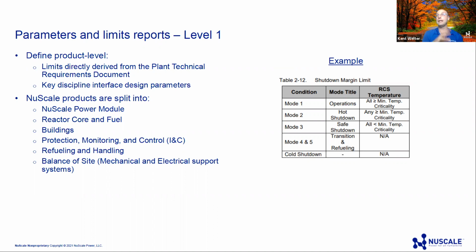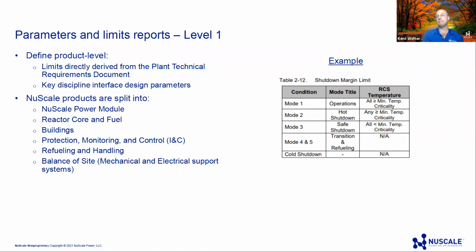There are some customers that want slightly different configurations of buildings in different countries, so we split those out. The INC systems we split out into parameters and limits as well. Refueling and remote handling, because it's a little bit different in the NuScale design, and then balance of site, which is turbine building, switchgear, all that kind of stuff.